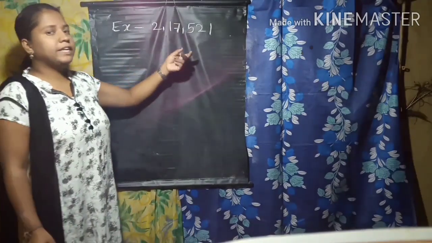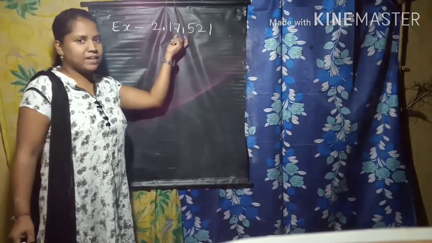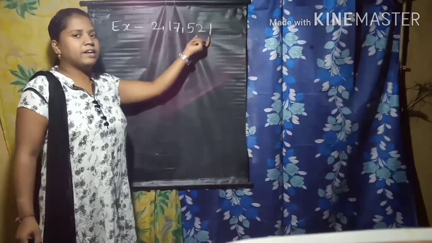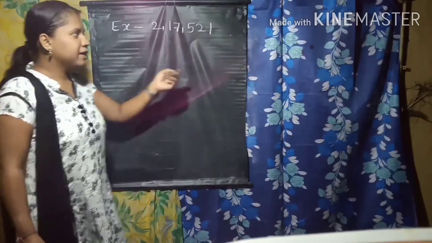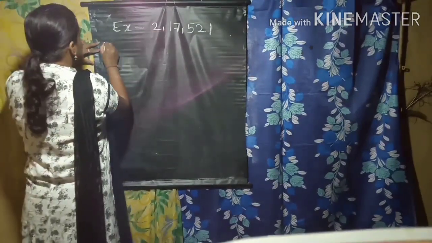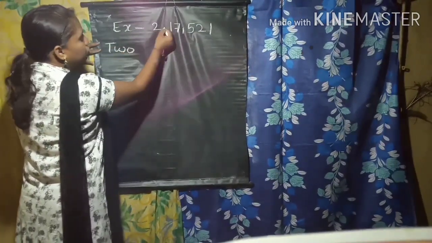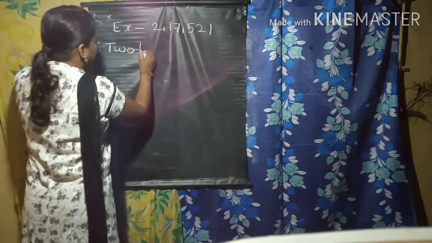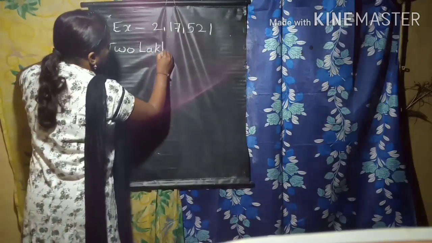So while reading, we read it as 2,17,521. And in writing, how will we write? Just the first digit is 2. Remove this comma and put the lakh. It is 2 lakhs.